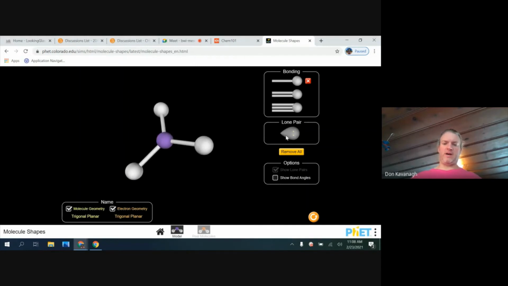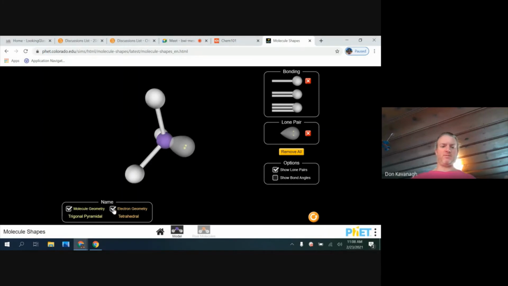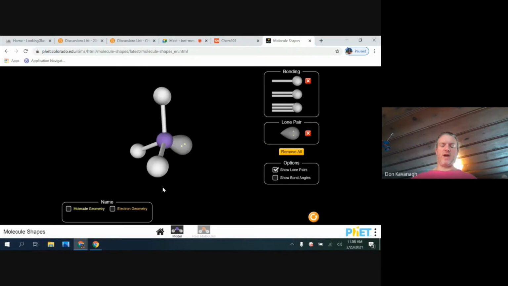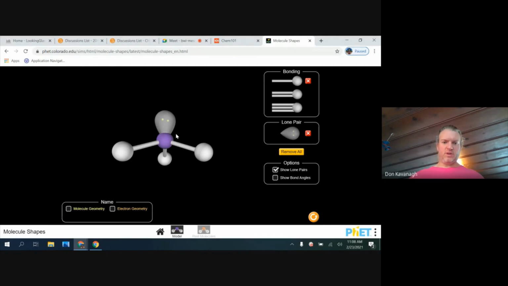And this one, let's do ammonia. Now this is nitrogen, NH3, with a lone pair on there. Oops, meant to unclick those. We'll just imagine we didn't see those. So we have NH3, a small molecule. This molecule is surrounded by 4 things.